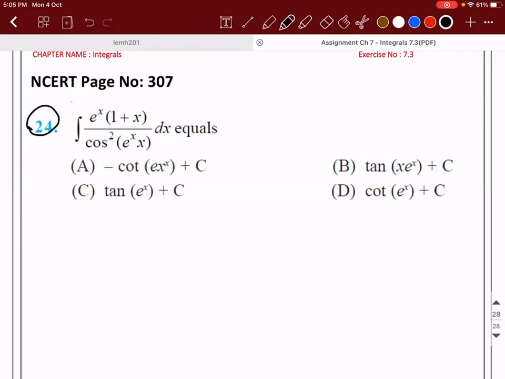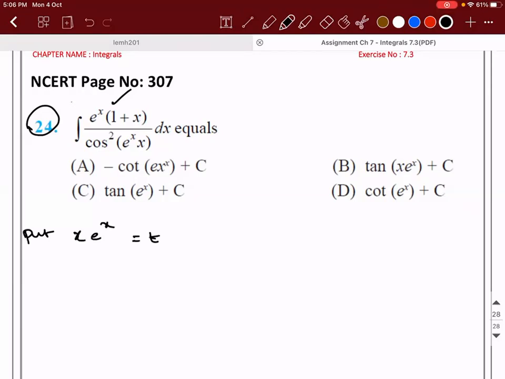So integral of e power x into 1 plus x divided by cos square of x e power x. What is the answer? How to do this? Look at the numerator. Numerator is a derivative of whom? Numerator is a derivative of x e power x, sir.